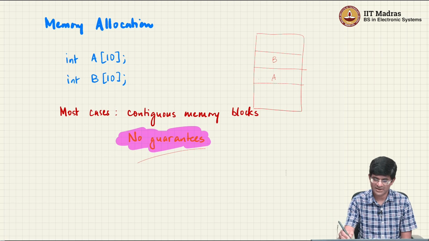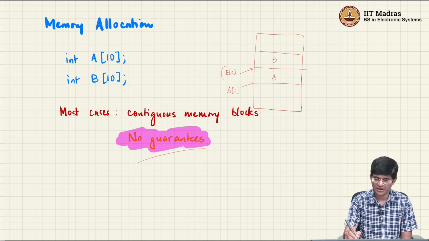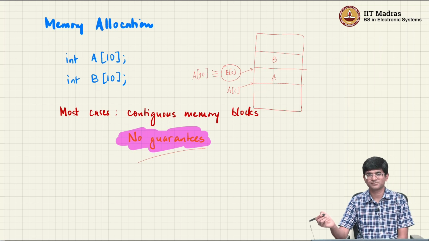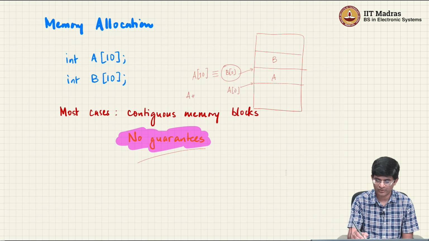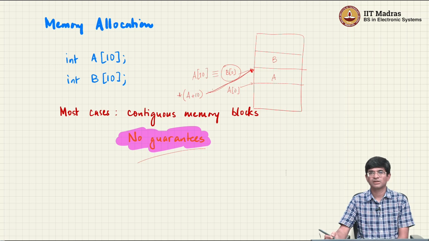But if it happens this way, let us say that A of 0 corresponded to this memory location and B of 0 corresponded to this memory location. The interesting thing is that potentially A of 10 actually corresponds to B of 0, because after all this would be star of A plus 10, which would correspond to this particular memory location.